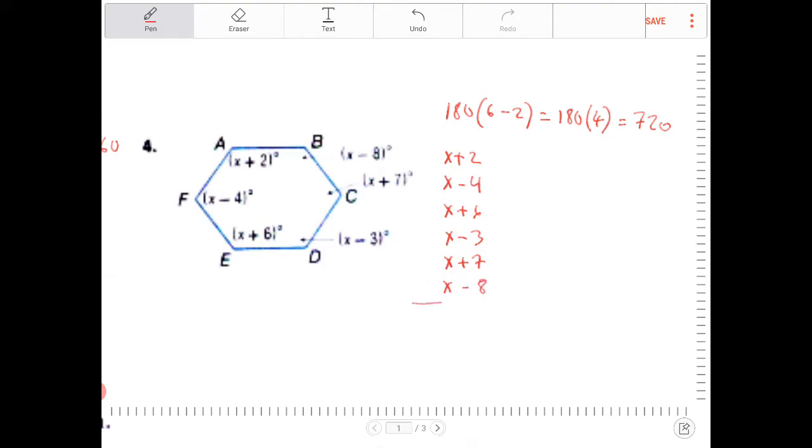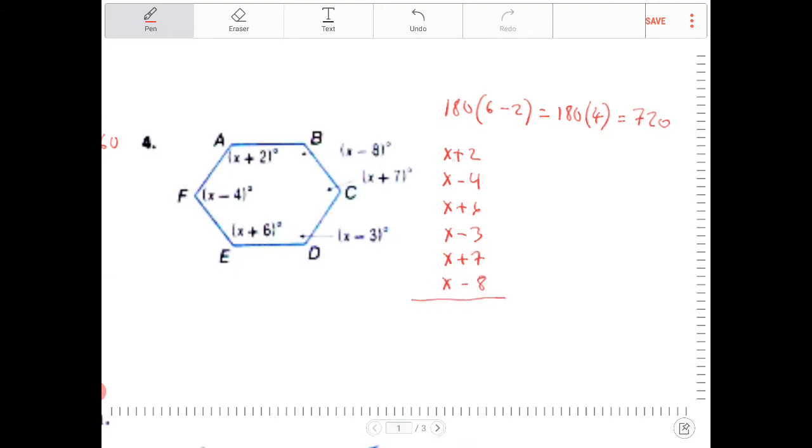Notice how many x's do I have? I have 6 x's. Plus 2 plus negative 4 is negative 2. Negative 2 plus 6 is positive 4. Positive 4 plus negative 3 is 1. 1 plus 7 is 8. 8 minus 8 is 0. And that's equal to 720.